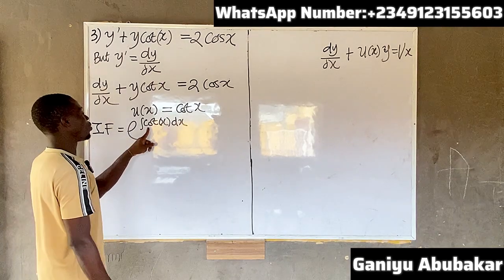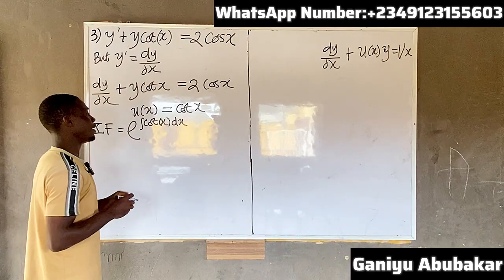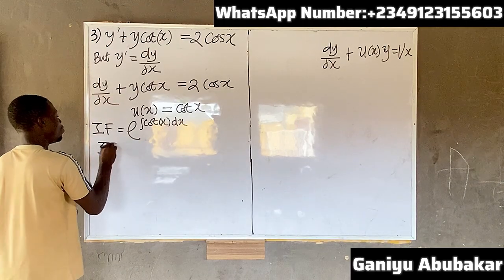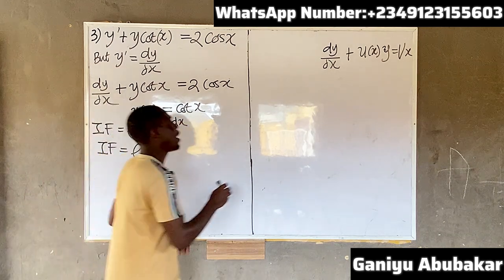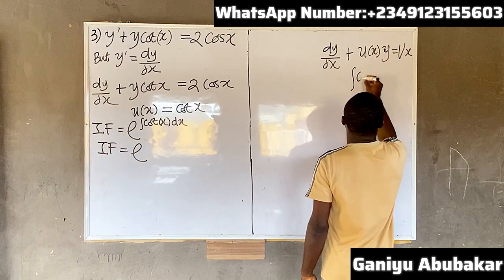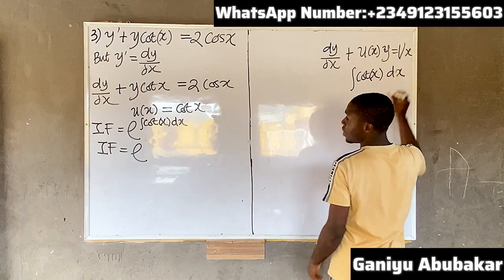Let me integrate cot x with respect to x and put the answer here. So IF will be equal to exponential. Let's integrate this separately: the integral of cot x dx.